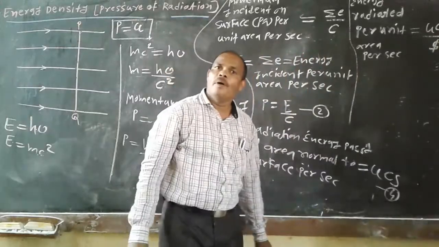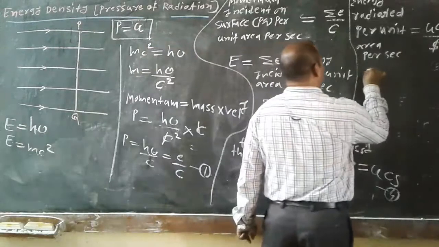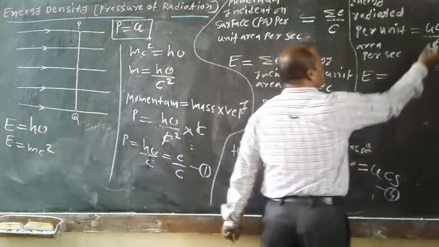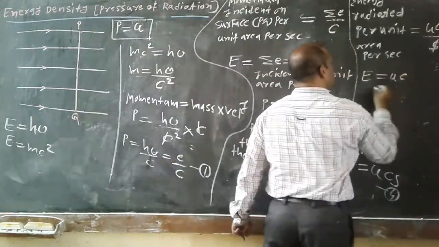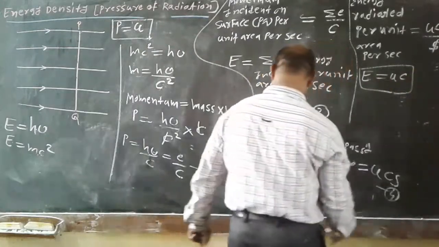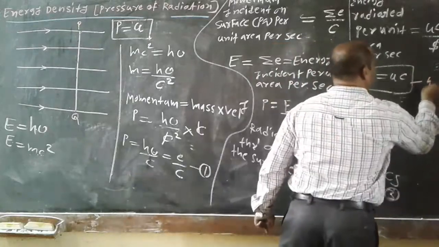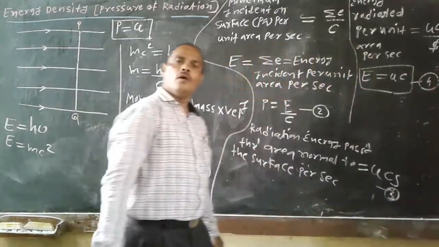Energy radiated per unit area per second, that is E equal to U into C. Suppose that this is equation 4.